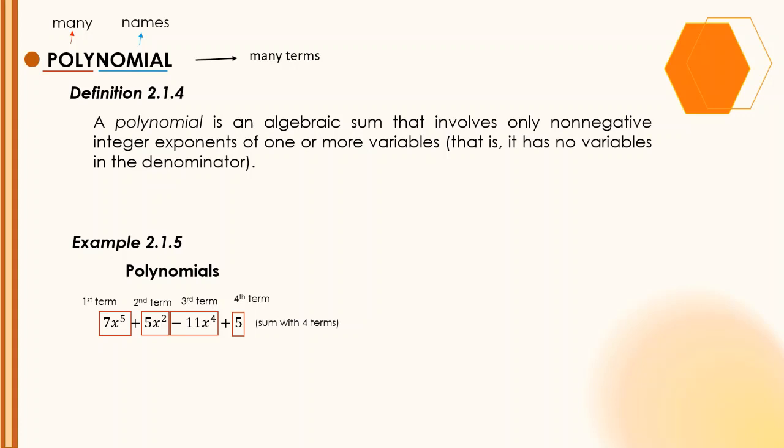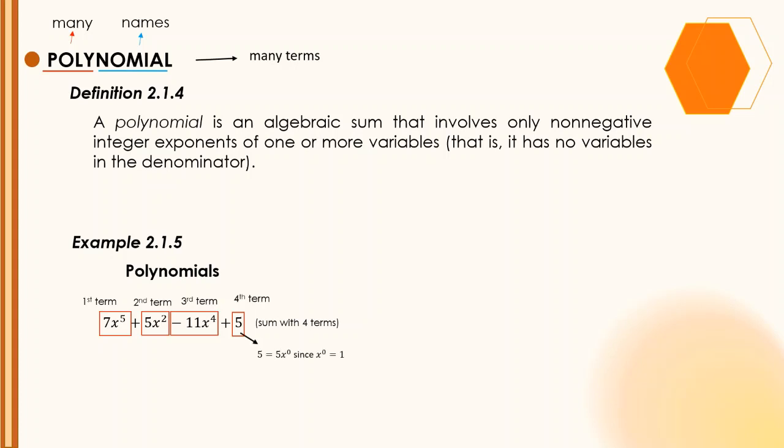Sabi nga kanina na ang polynomial means many terms. As you can observe here in this example, na yung exponent ng variable ng each term is non-negative integers. So that is, ang exponent ng first term is 5, ang second is 2, ang third is 4, and 0 sa fourth. So baka nagtaka kayo saan dito ang 0 sa fourth term.